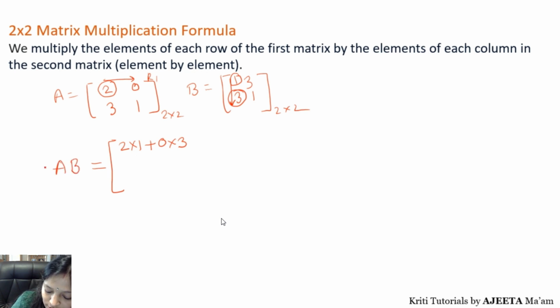This is AB or A cross B. Mostly we write AB. Correct?